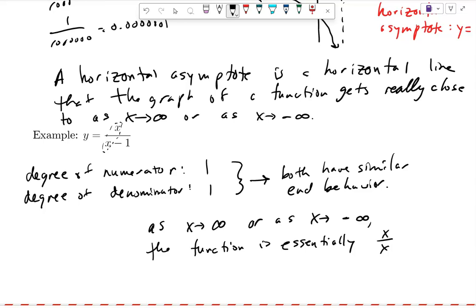We don't worry about the minus 1, it has little effect, right? What does x over x simplify to? 1, right? So what that tells us is that the horizontal asymptote is y equals 1.